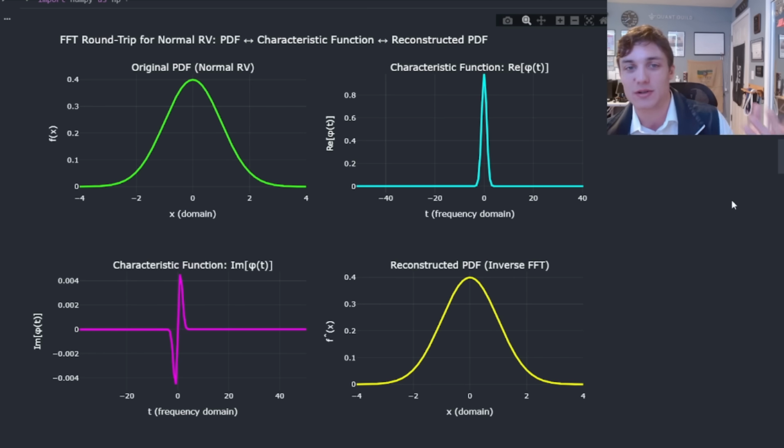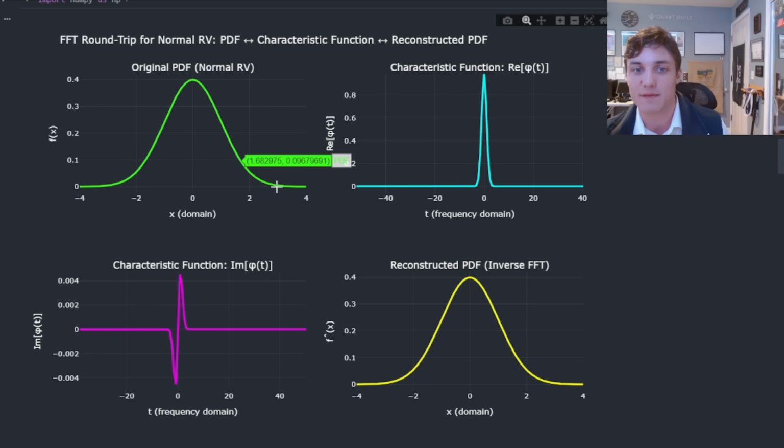And that's what you're seeing in this visualization. I have the original PDF here for our normal random variable. I take the Fourier transform, I get the characteristic function. I have the real and the imaginary part. Then if I take the inverse Fourier transform, I get back out the original PDF.